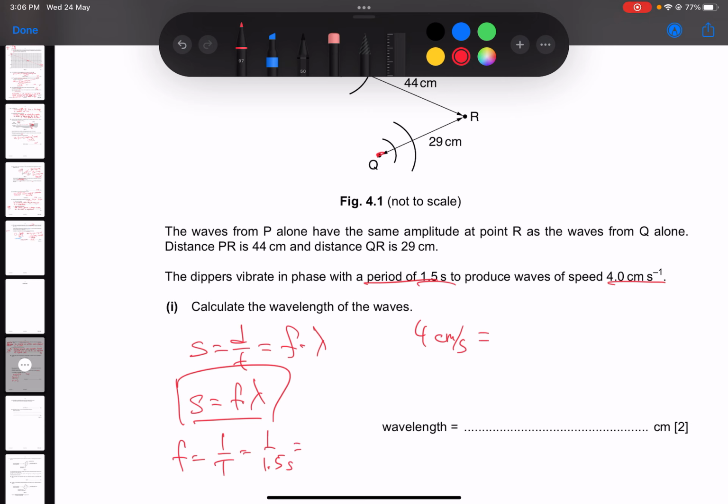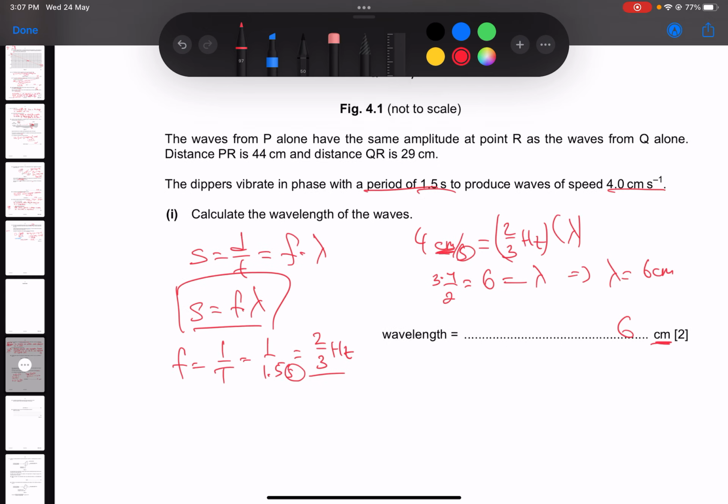This would be 2 over 3 hertz, or 1 over second if you wish. Times lambda. So 3 times 4 over 2, mathematically, that's easy. So 6 centimeters, be very careful, it's in centimeters. Second gone, and centimeter left. So our lambda equals 6 centimeters. You can simply write the 6 centimeters here.